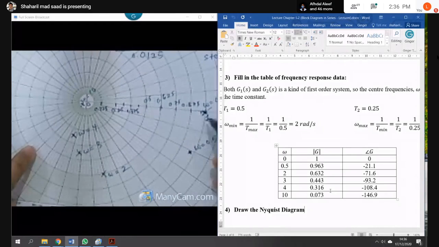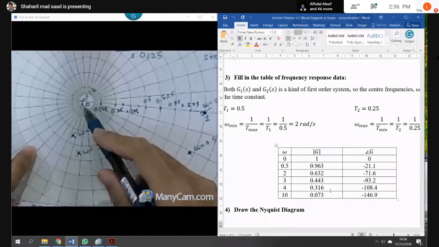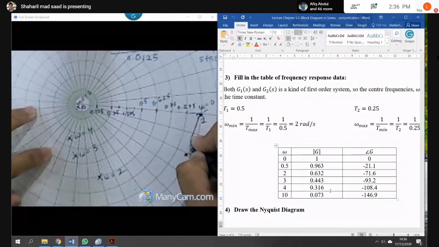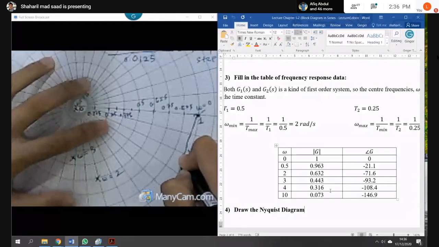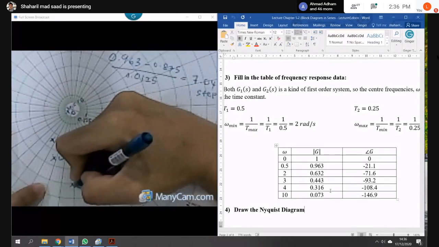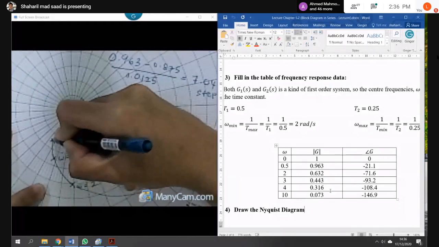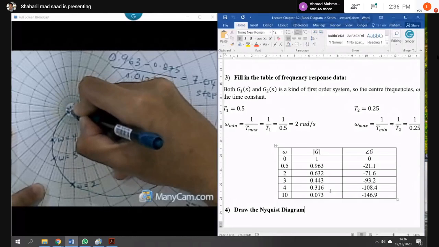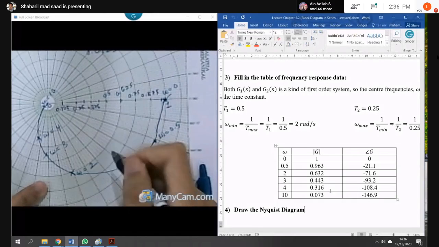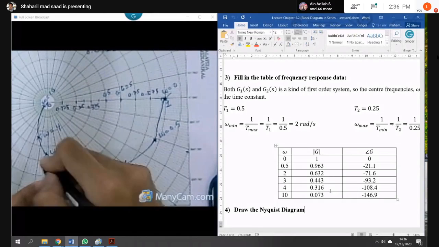Now we already got 1, 2, 3, 4, 5, 6. So how to draw it needs a smooth curve, and this is your Nyquist diagram here.